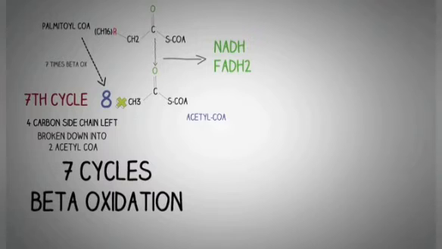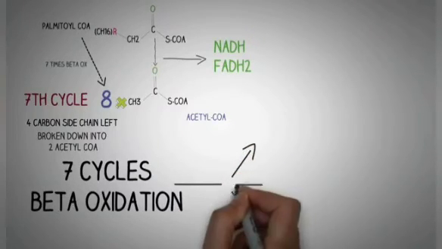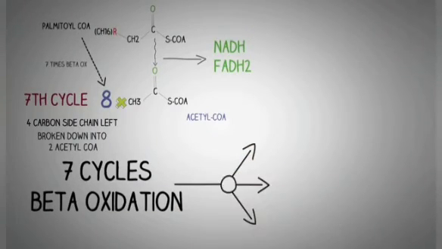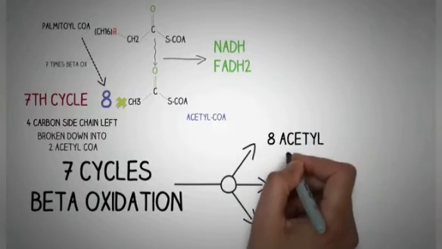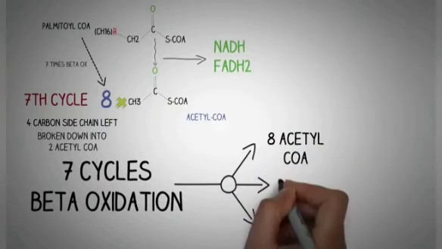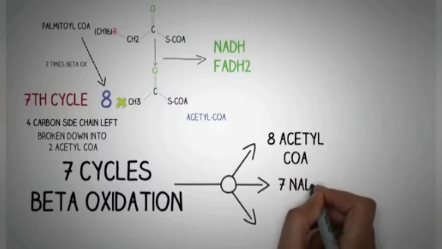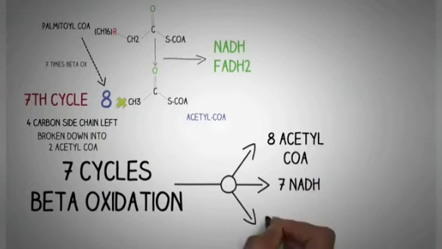So after 7 cycles of beta oxidation, we have the following products. We have 8 molecules of acetyl-CoA, 7 molecules of NADH, and 7 molecules of FADH2.